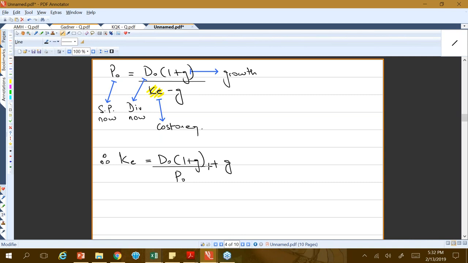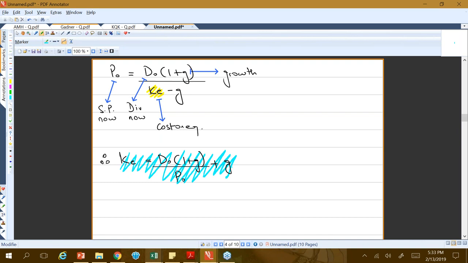Now remember, the growth model is given to you in the exam, but this formula, which is the rearrangement of the growth model, is not given to you in the exam. So you have to rearrange the growth model to find the KE.